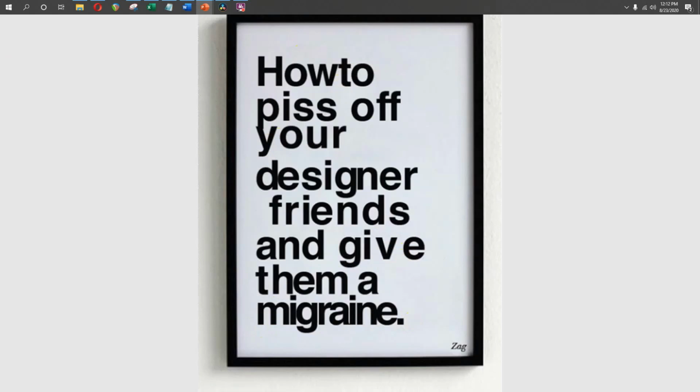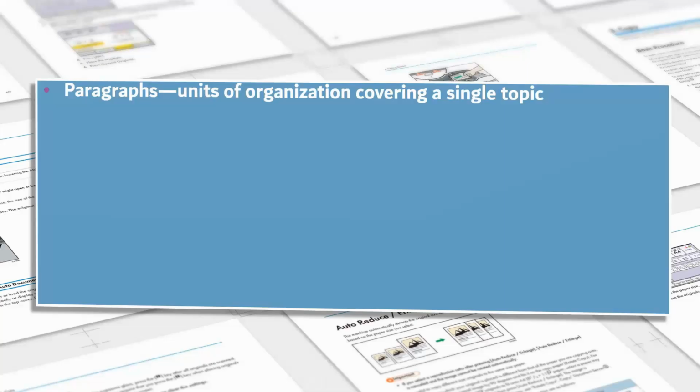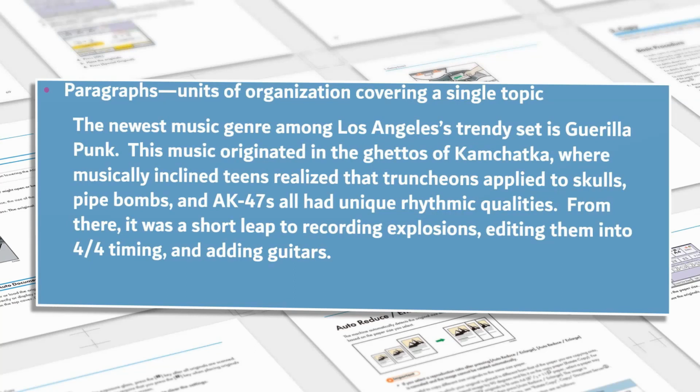So, let's get on to basic rules for organizing information. First, a paragraph is a unit of organization covering a single topic. There are always ways to think about topics, and there are places where you can break a topic into smaller topics. But as a stupid example, this is all information that needs the line before it.